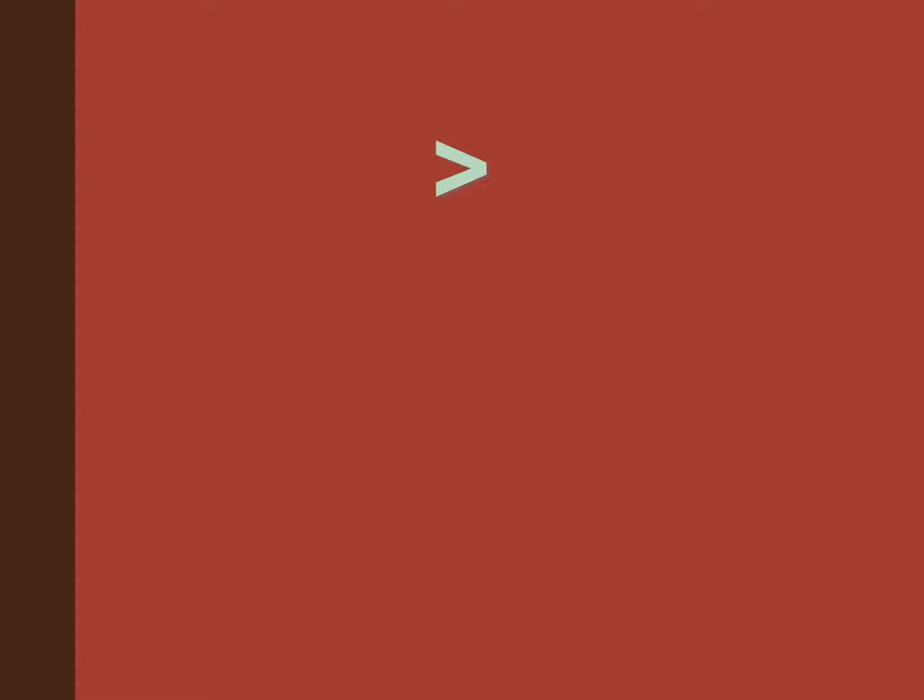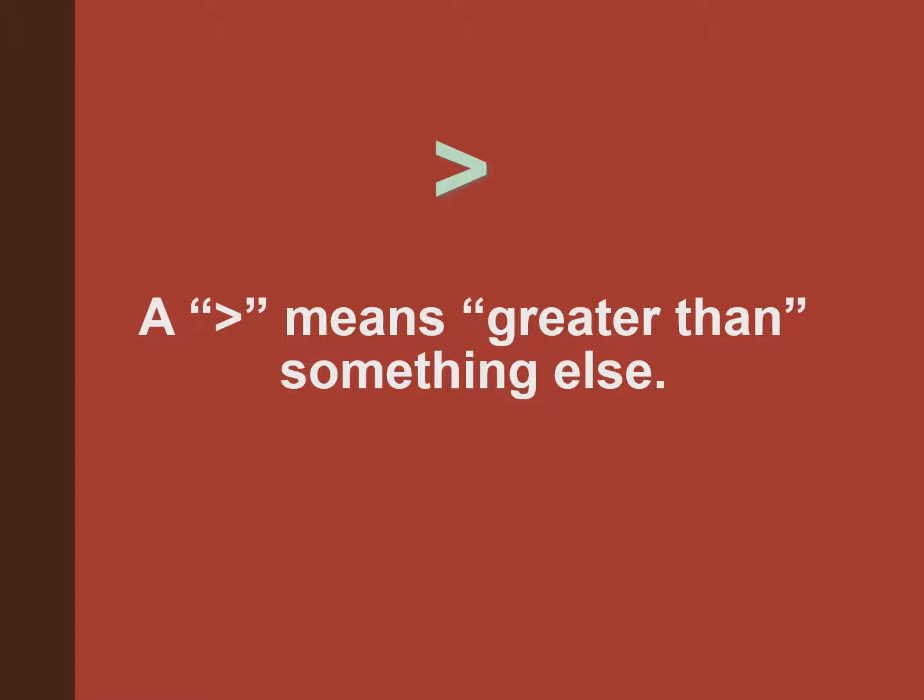All right, let's look at this symbol. This is an inequality symbol. And when we read these inequality symbols, we always read left to right. So remember, the alligator always eats the bigger number. So if we're reading from left to right, we're saying this is greater than this.